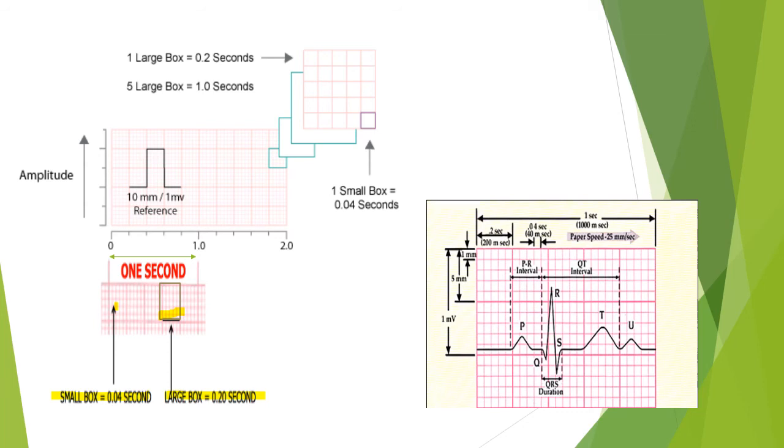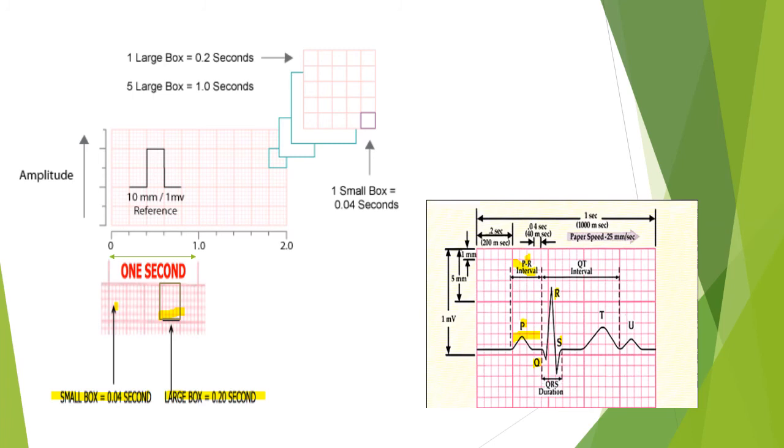As an example, on the right side here, if I told you that the P wave is the atrial depolarization and the QRS is the ventricular depolarization, and that the interval from the start of the P wave to the start of the QRS is 4 minute squares, and each minute square is 40 milliseconds, then the PR interval will equal 4 multiplied by 40, so it is 160 milliseconds.